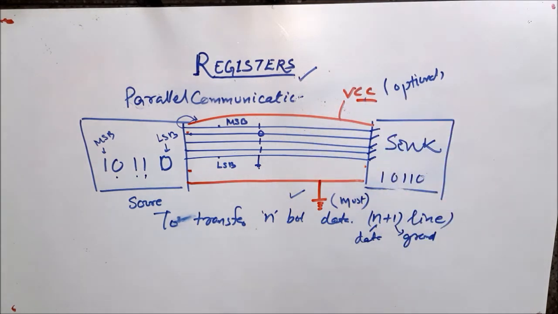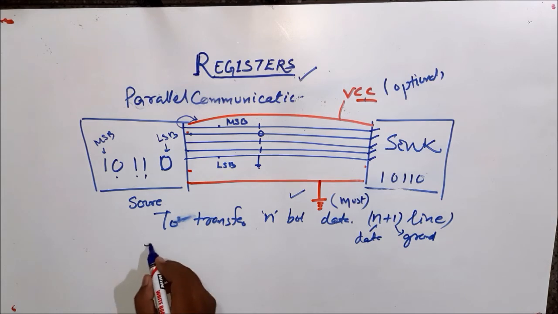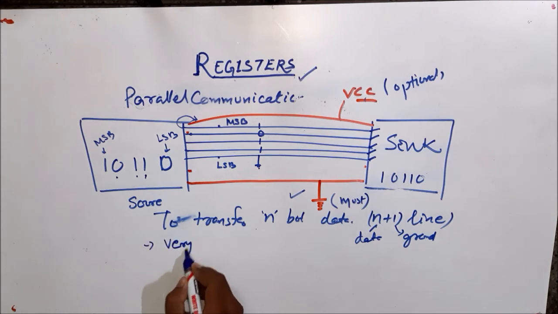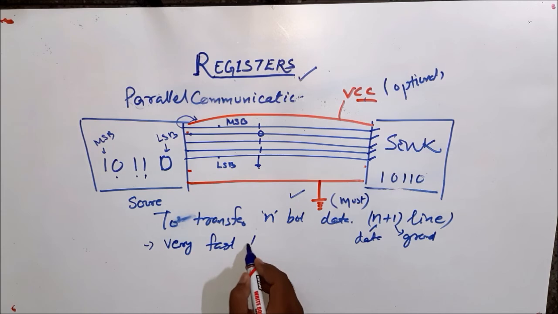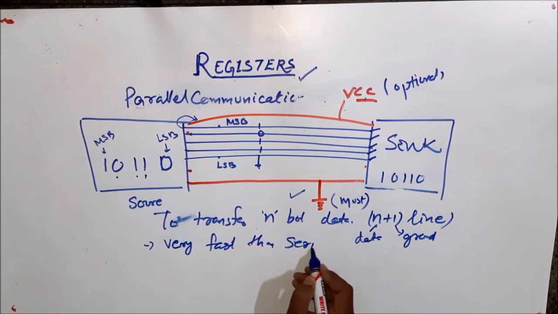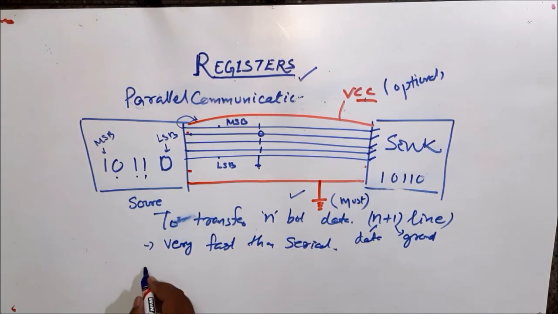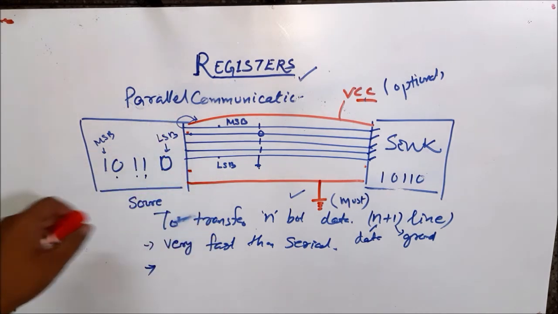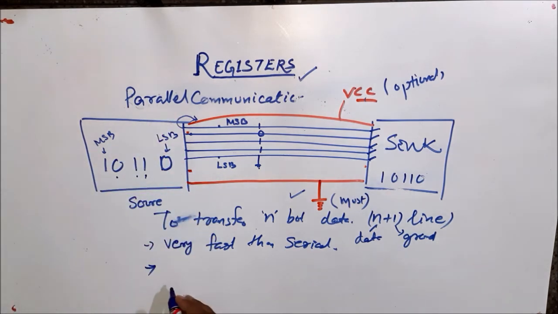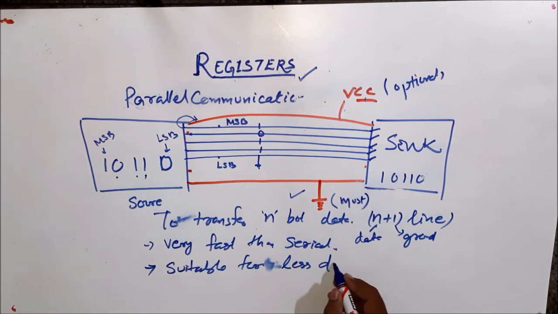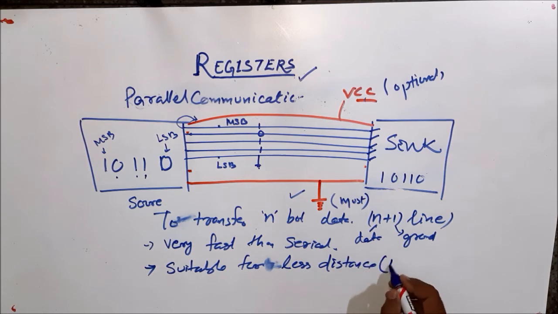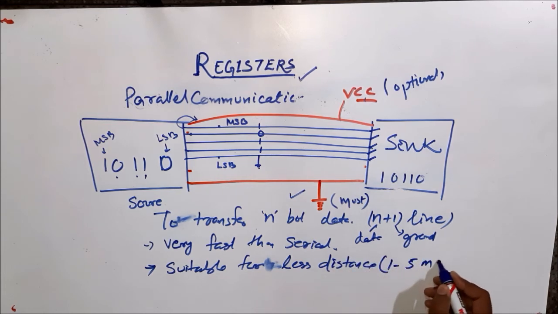Sometimes VCC may be used, and this is very fast compared to serial. As the number of wires is more, it is very suitable for short distances, up to 1 to 5 meters.